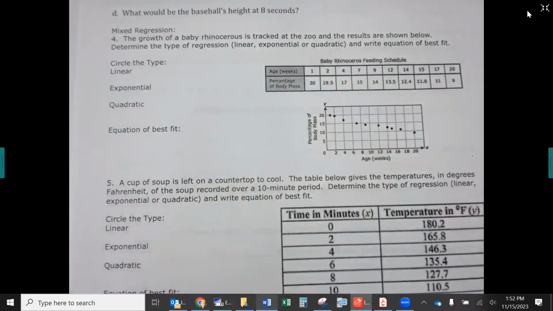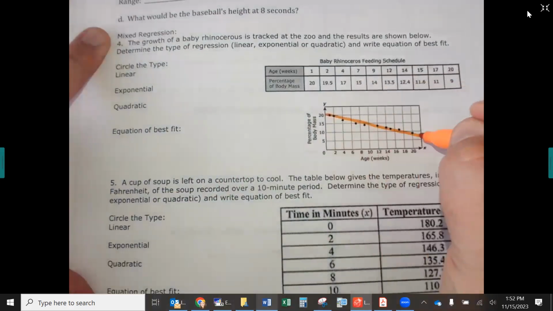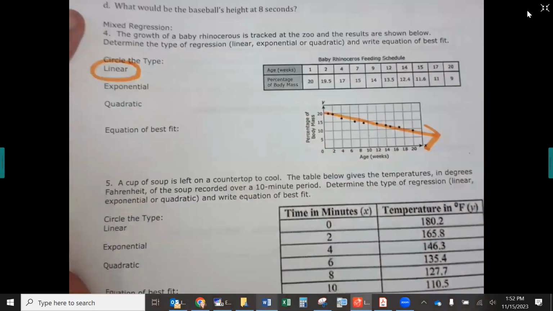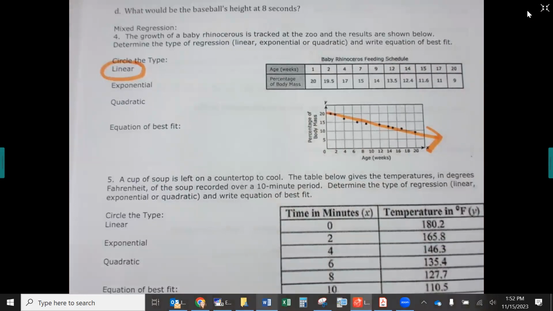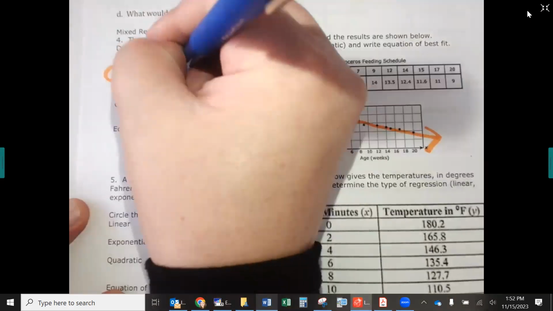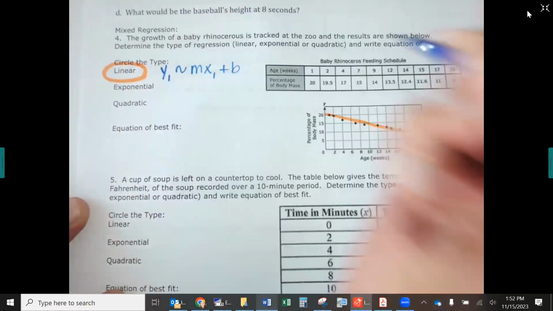So if your dots make a straight line like this, now they don't make a perfect straight line, but that means it's linear. And remember that for a linear graph, you do the mx plus b, not the ax squared plus bx, blah, blah, blah. So it should be y1 squiggle mx1 plus b.